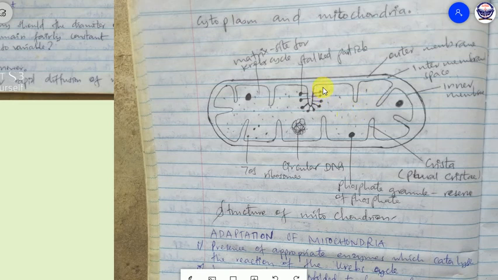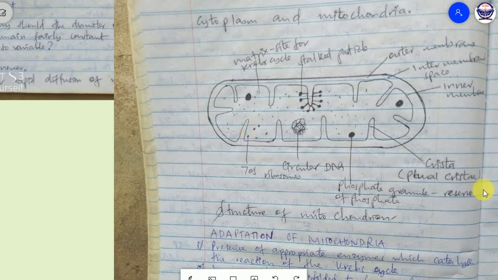But cristae have what we call stalked particles. Stalked particles are integrated with the ATPase enzymes responsible for the synthesis of ATP during the electron transport chain. So all of these are different adaptations for mitochondria to perform their function.